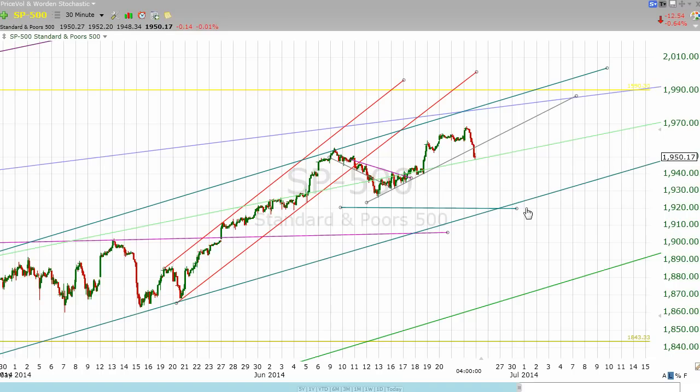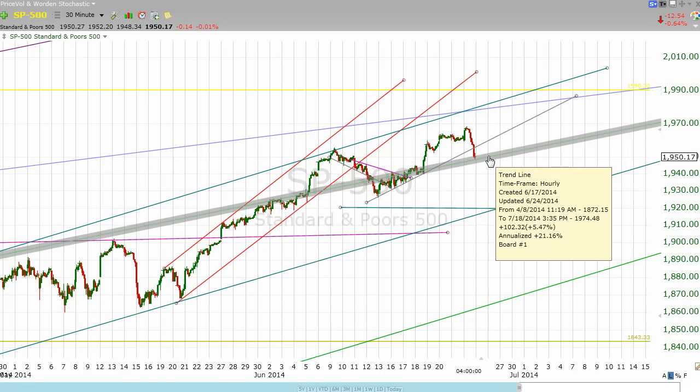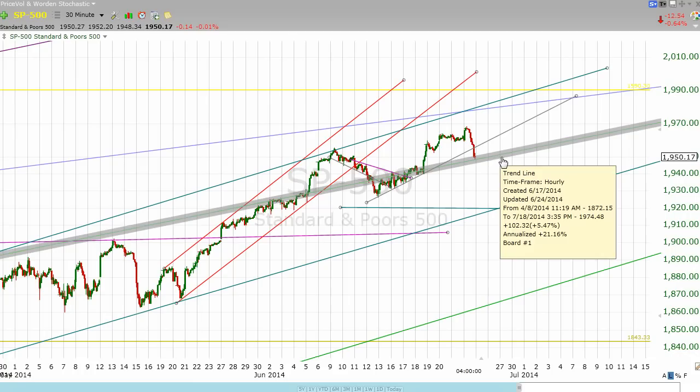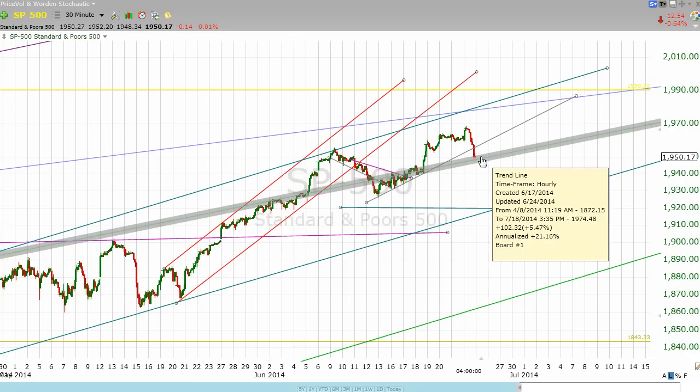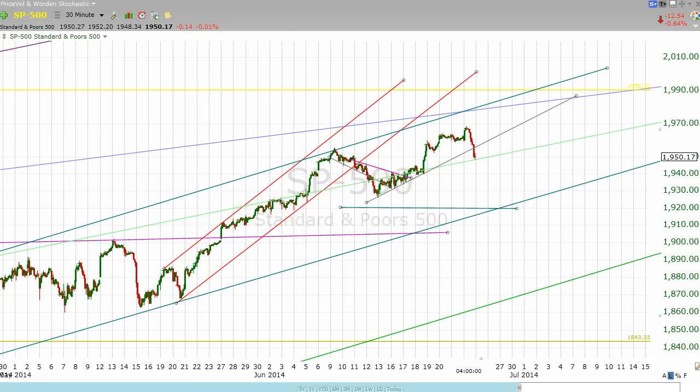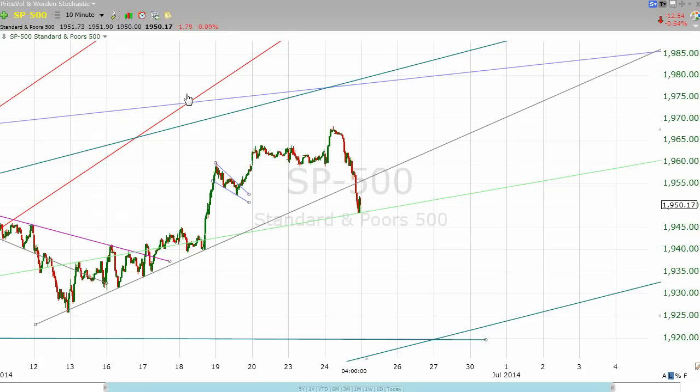So guys, like I said, maybe a little support here. I'm not really counting on it. If we get down underneath this, then I'm thinking there's a good chance we tag this line. There's only one thing I want to throw out that could also be a potential saving grace, and that would be the fact that we had this big move up on Fed Day back on the 18th.